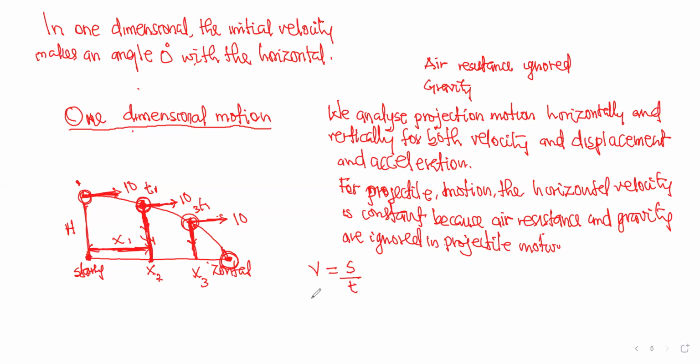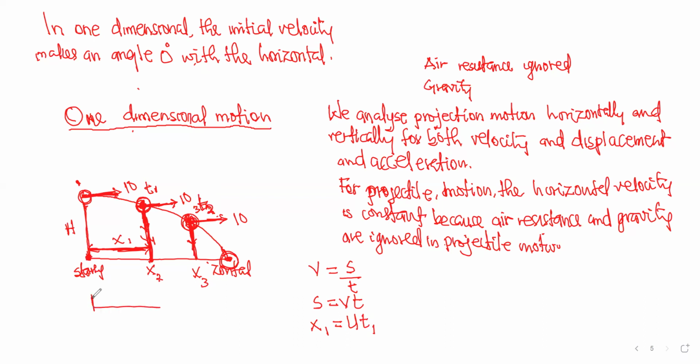If I make S the subject, S is equal to V times T, meaning x1 would be equal to the constant horizontal velocity u times the time taken to come here, T1.